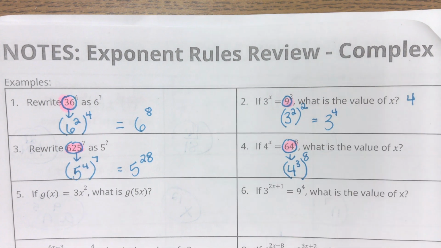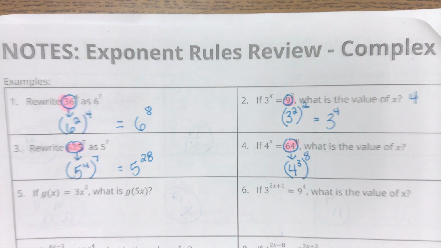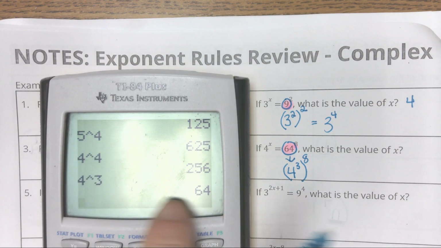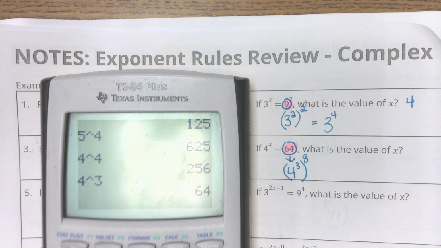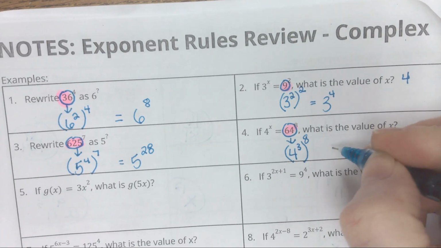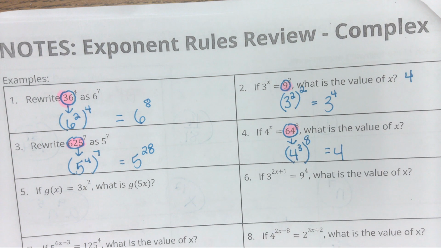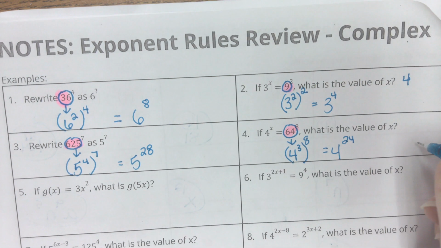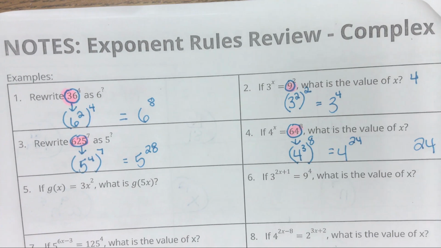I got that 64 was 4 to the 3rd. Okay, so 4 to the 3rd was 64, right? So this is 4 to the what power then? 24. What's the value of x? 24. Okay.